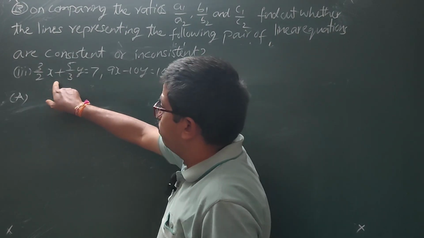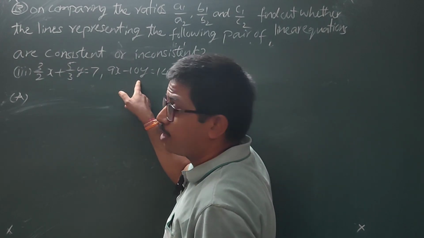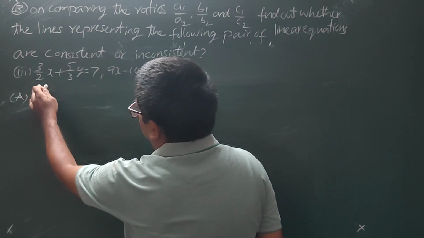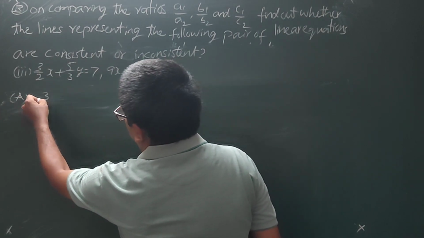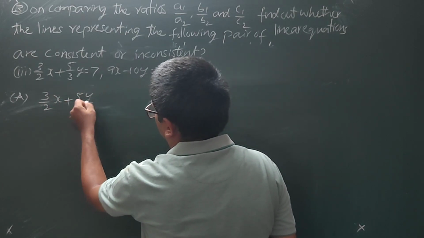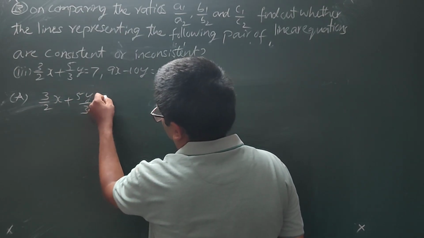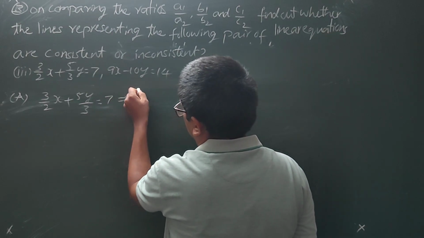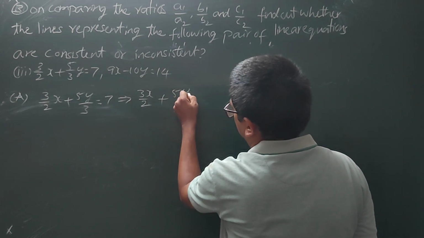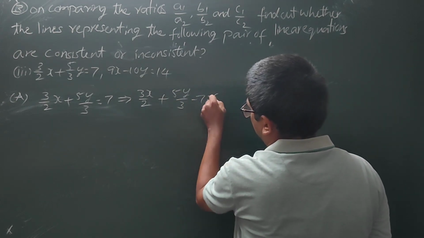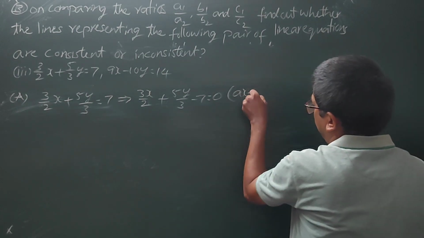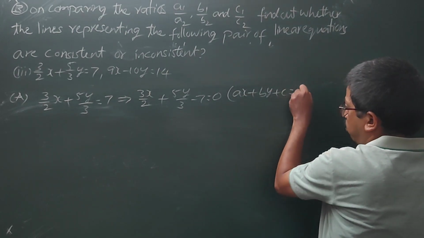Third question, 3x by 2 plus 5y by 3 equal to 7, 9x minus 10y equal to 14. So the first equation, 3x by 2 plus 5y by 3 equal to 7, becomes 3x by 2 plus 5y by 3 minus 7 equal to 0, like standard form ax plus by plus c equal to 0.